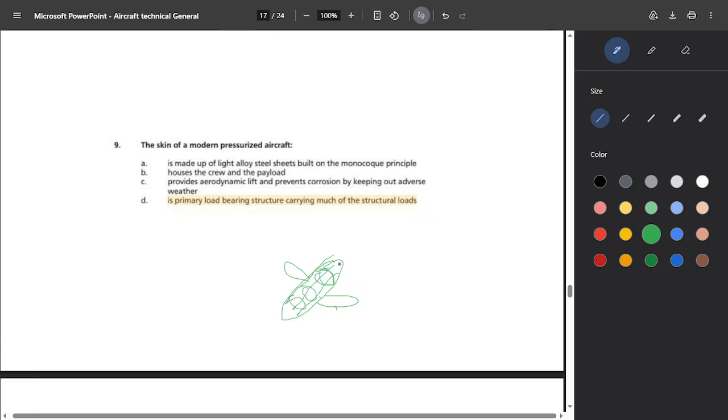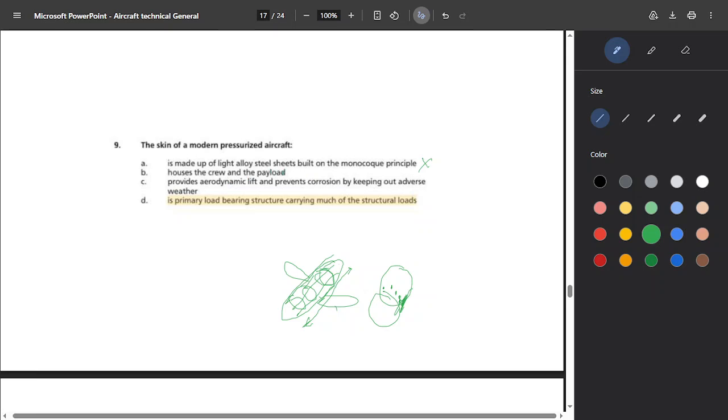So basically the skin is not a monocoque structure from start to end. We have a skin in a divided structure that is riveted one upon another. If you see a video of a structure repair of the aircraft, the two skins are riveted. So it is not a monocoque principle. So option A is basically not logically correct.